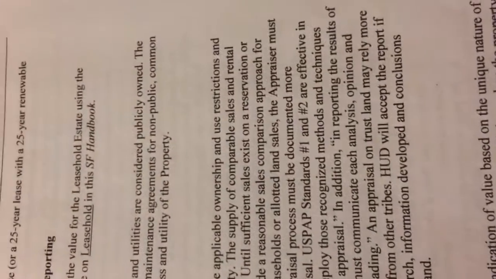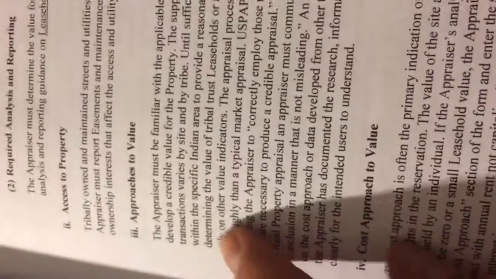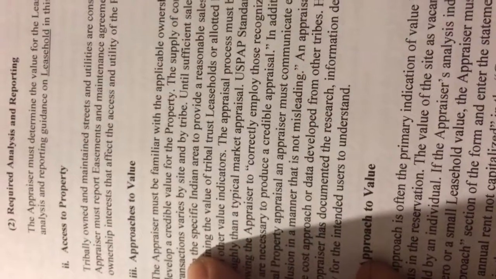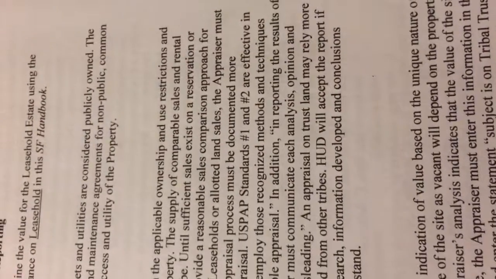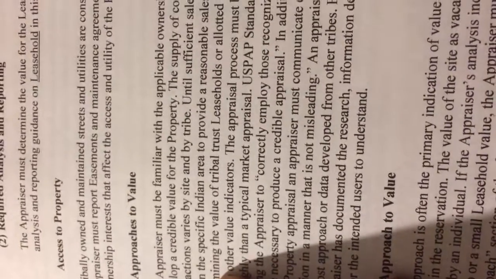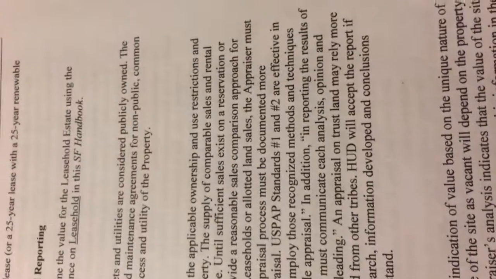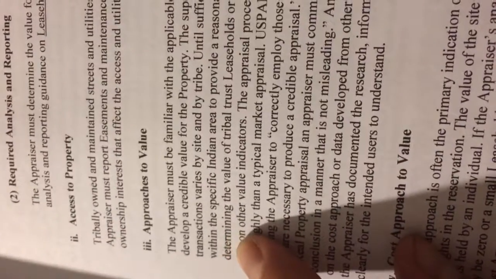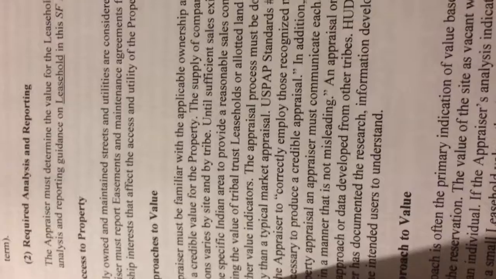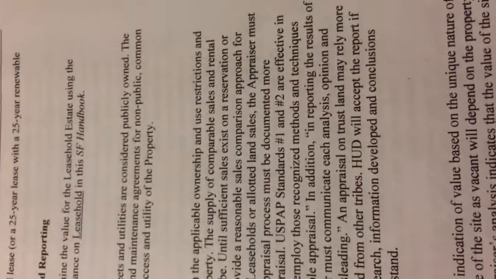The supply of comparable sales and rental transactions varies by site and by tribe until sufficient sales exist on a reservation or within the specific Indian area to provide a reasonable sales comparison approach for determining the value of tribal trust leaseholds or allotted land sales.